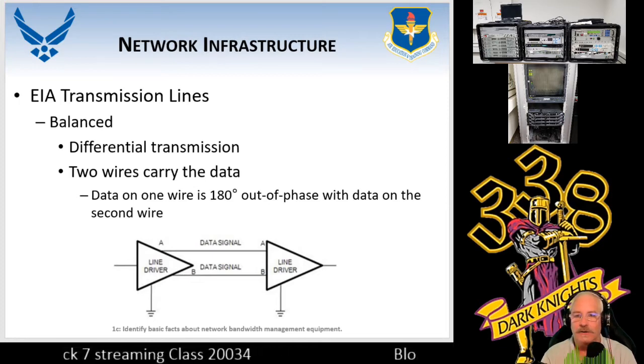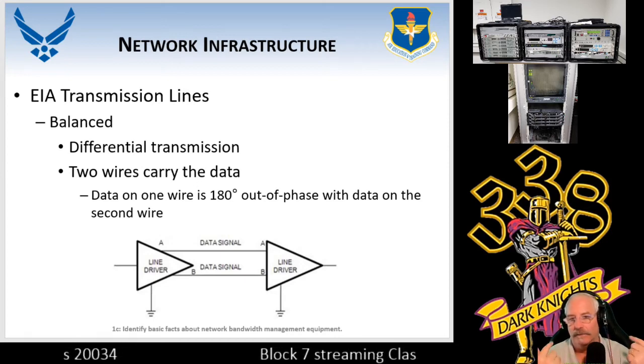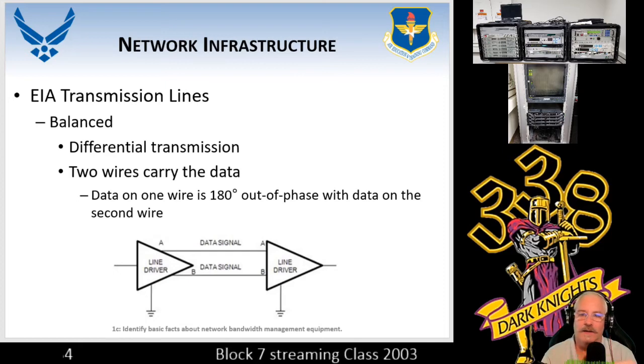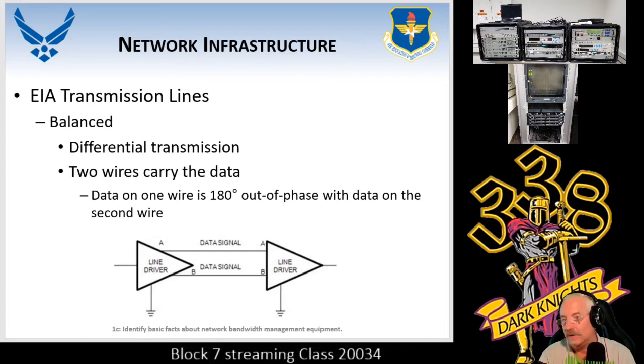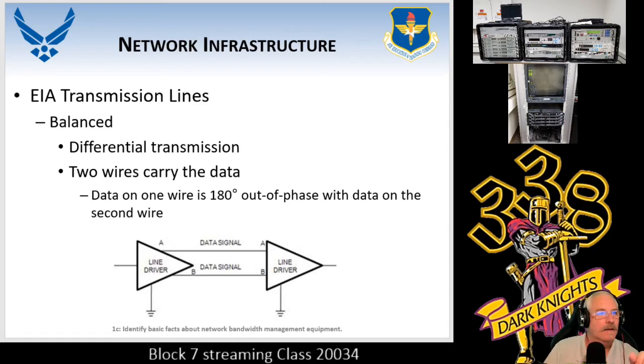This is the precursor to noise canceling headphones. Why? Because they take the noise from the outside and listen to the noise on the inside of your earpiece. And again, they flip it 180 degrees out of phase, so when they put it back into phase, it cancels it out. That's how noise canceling headphones work. Again, this is on a twisted pair.